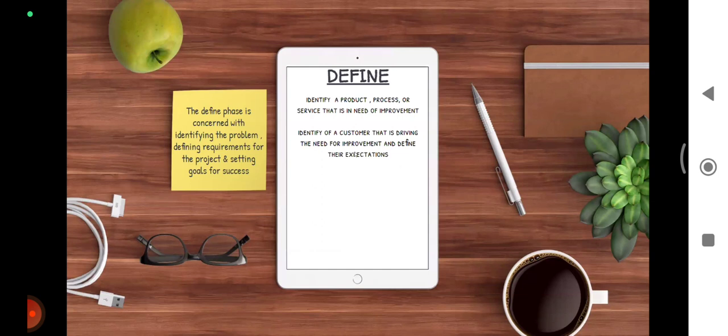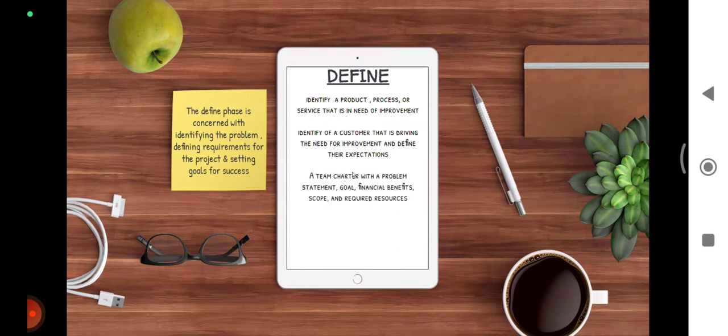You also have to identify the consumers, the customers, the clients who receive the product and benefit from the process and the service, and what exactly they expect from your service, your process, and your product.